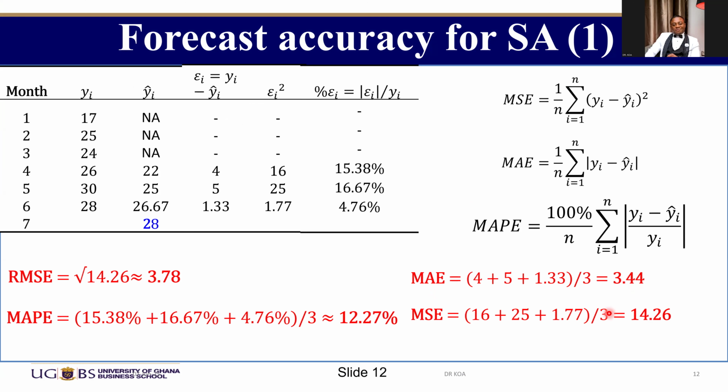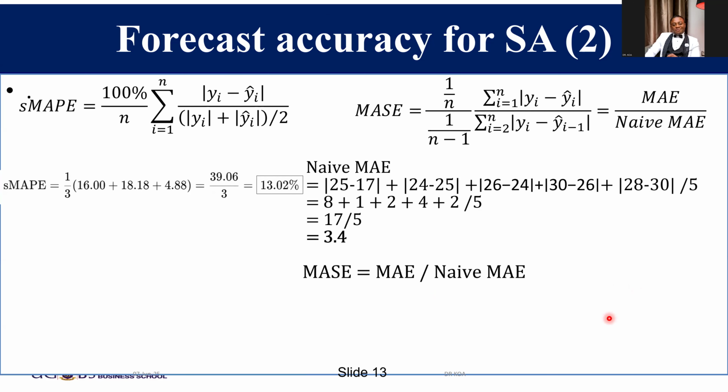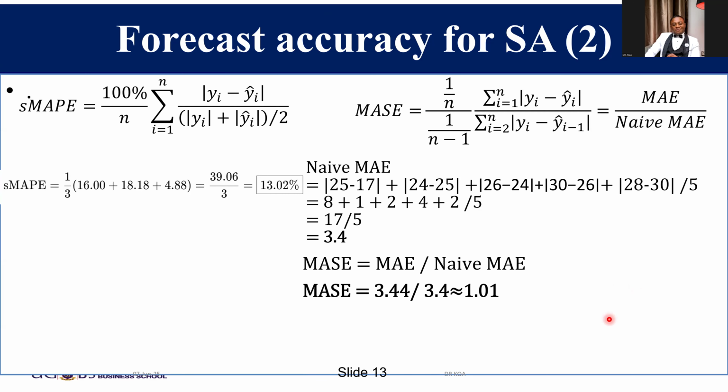Then we take the naive error from the original one. Don't forget that the naive error is always 3.4. So you divide the 3.44 by the 3.4, giving you approximately 1. That's how you calculate it.